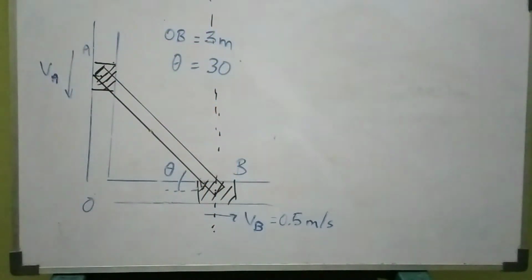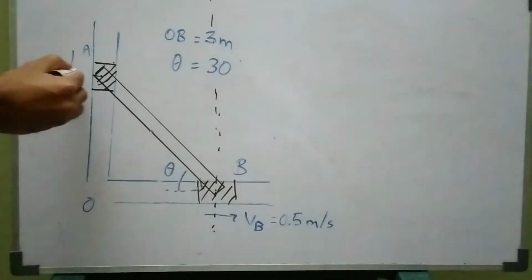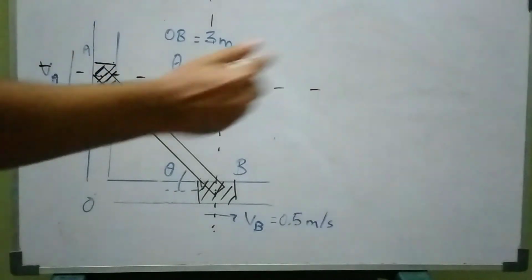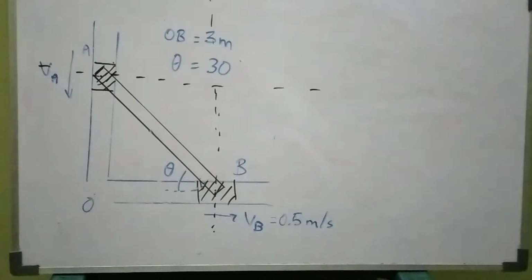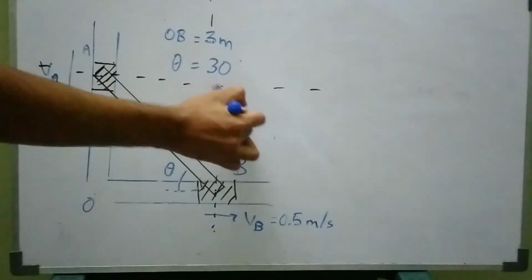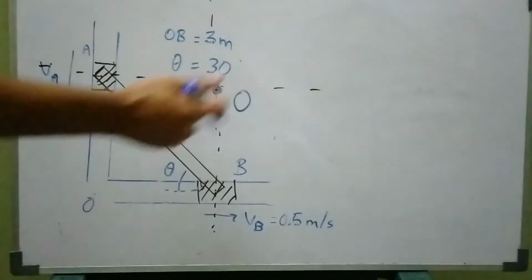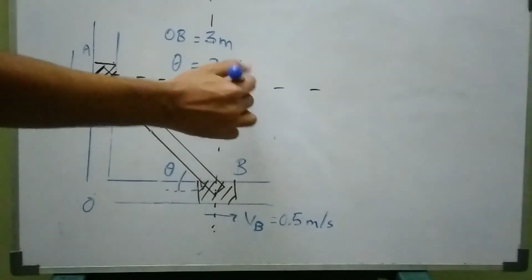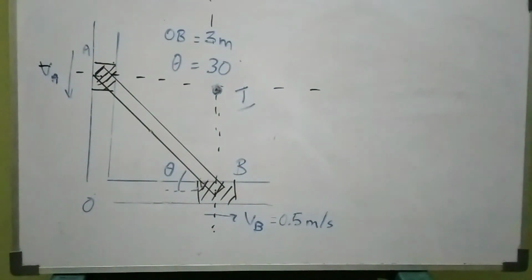Also, the perpendicular line for the VA direction, which is the vertical direction, would be in this horizontal direction. So we can directly tell that the instantaneous center would be here. This would be the instantaneous center. As I have already marked the point, I'm going to take that as I, the instantaneous center of this rotation. So this is a simple technique.